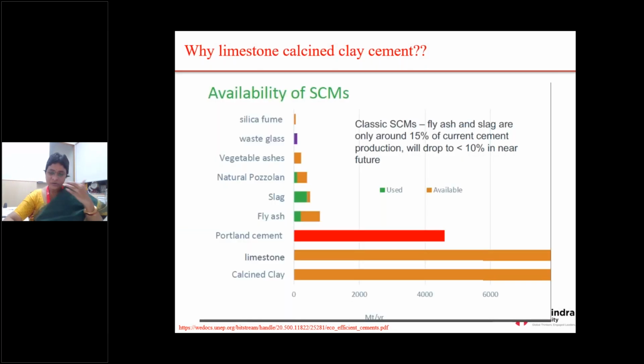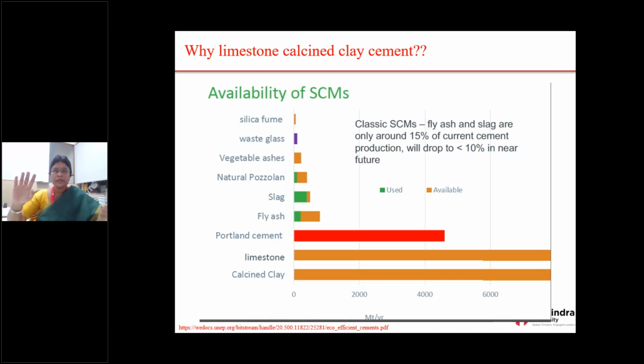If you want to reduce the clinker content, or look for other solutions, there is the availability of supplementary cementitious materials. As I told you, if you want to make concrete green, there are different solutions. Why only LC3? If you look at the availability of the other supplementary cementitious materials, they don't meet the demand of concrete production.